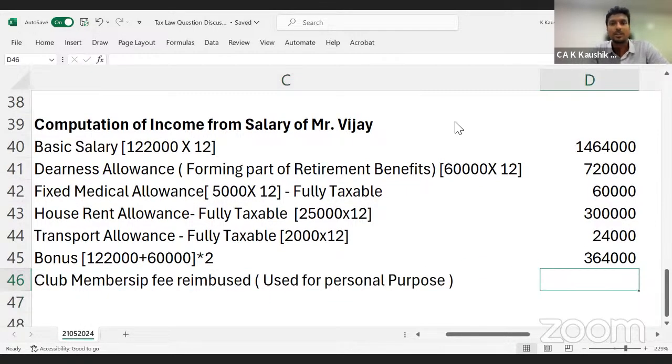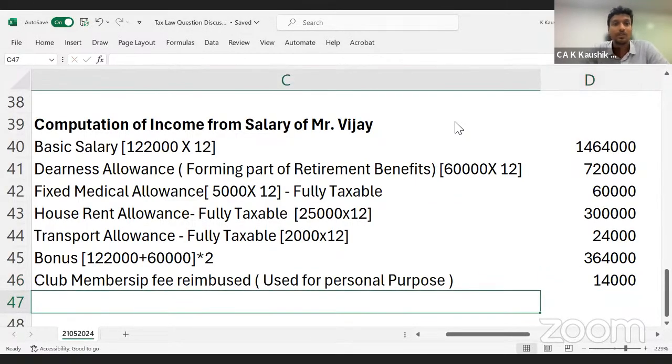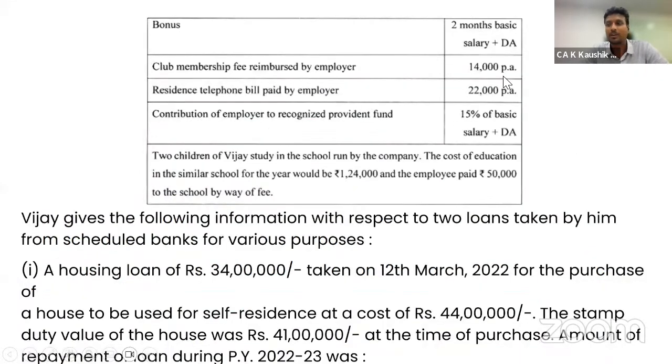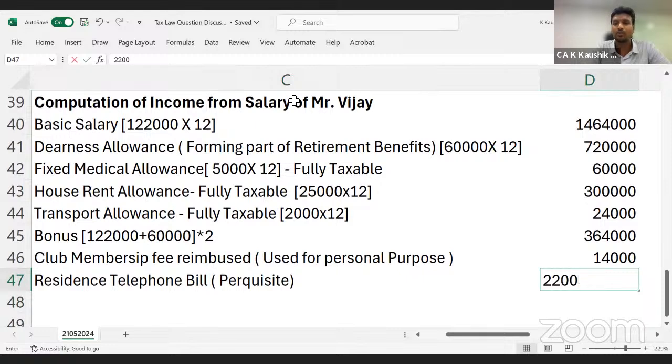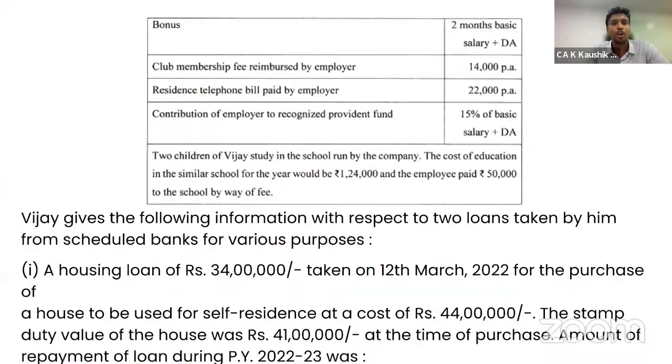So this becomes 14,000 per annum. Here you need not multiply, it is given per annum. So be careful about per annum information and per month information. Residence telephone bill, again a perquisite, taxable, 22,000. Then comes the contribution of employer to recognized provident fund.